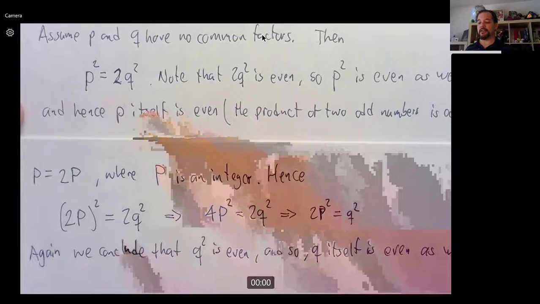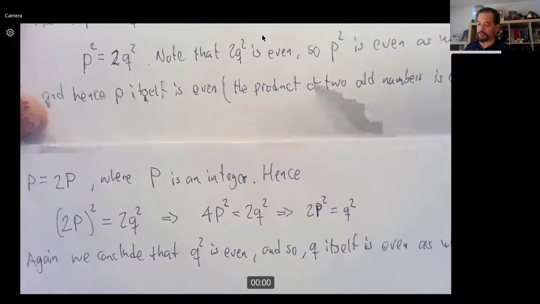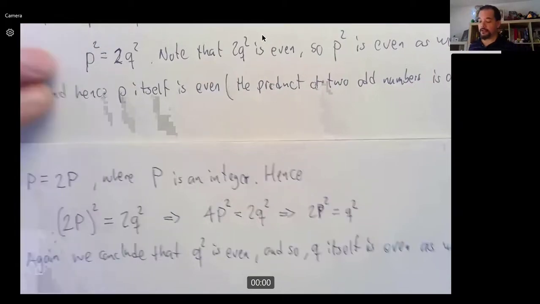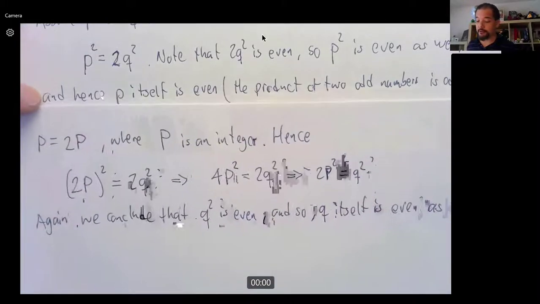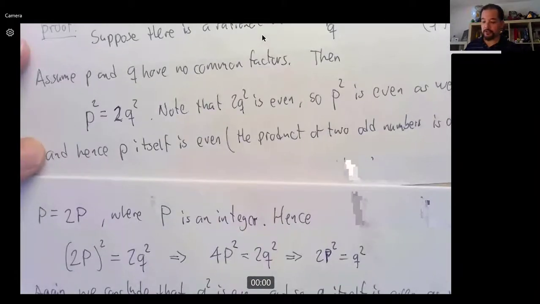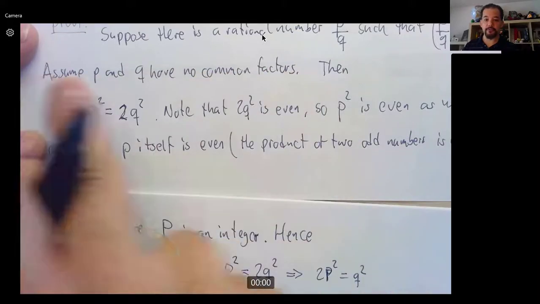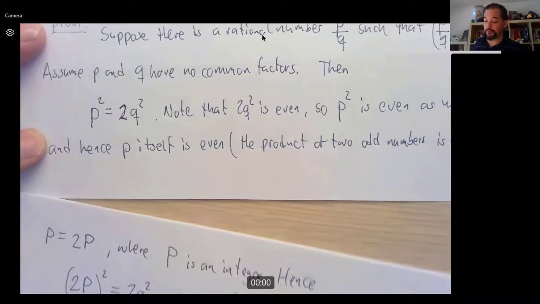Okay, and that doesn't sit well with us, right? Because now both p and q are even. But if both p and q are even, then that means they have a common factor. And remember that we started without common factors right here. We said, assume they have no common factors. And they're both even now, so something is wrong, right?